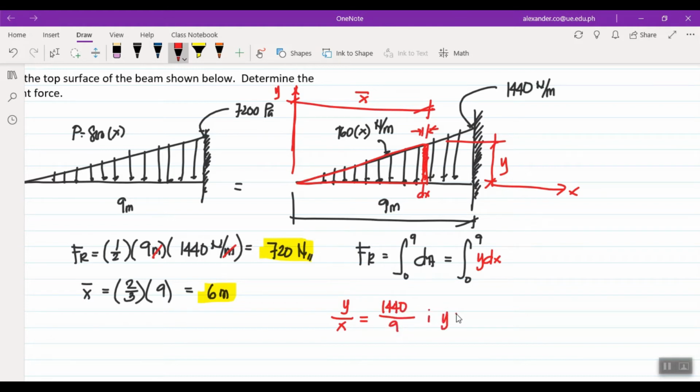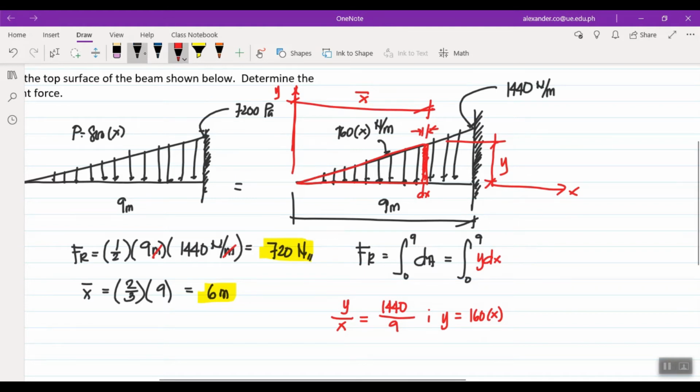So, what is y? Teka, computing ko lang. It's 160x. So, ito rin yan, no? Yan yung slope. Itong galing yan. Okay? So, hindi yan basta-basta na lang nilalagay.